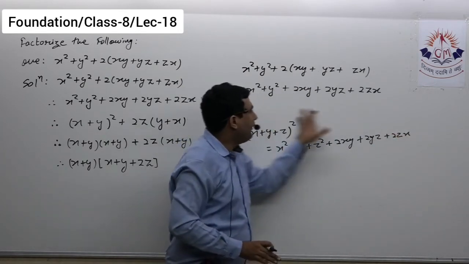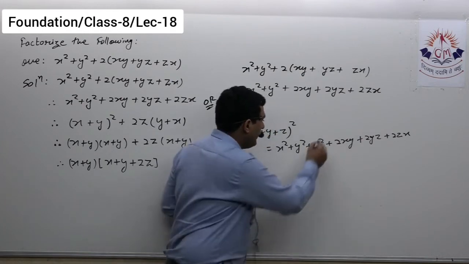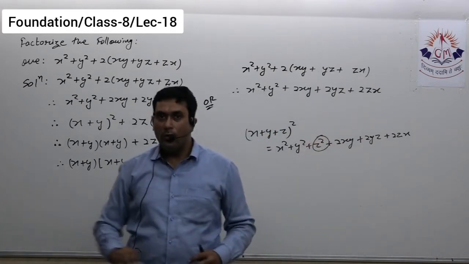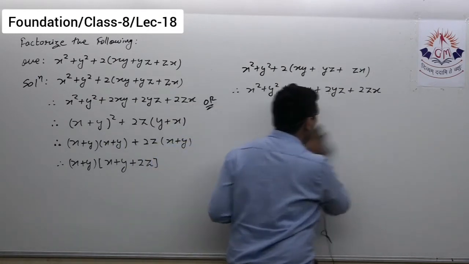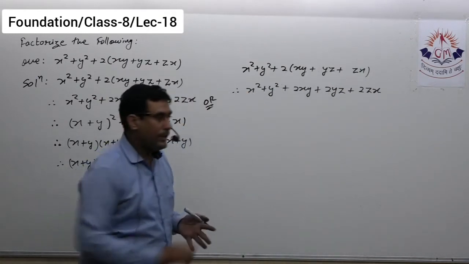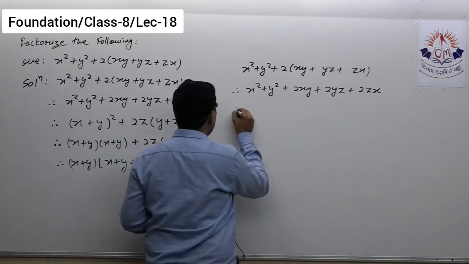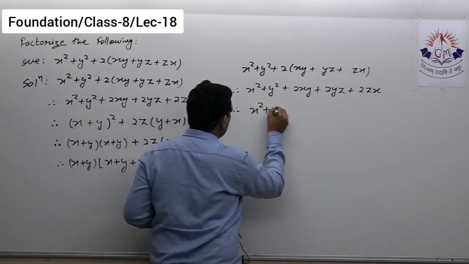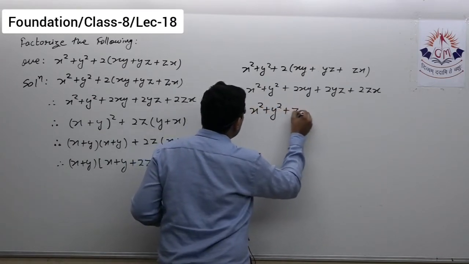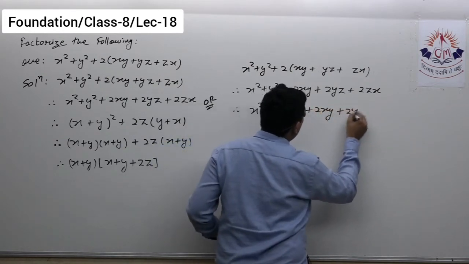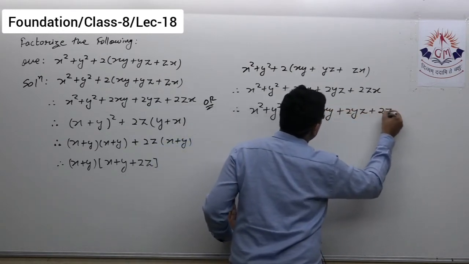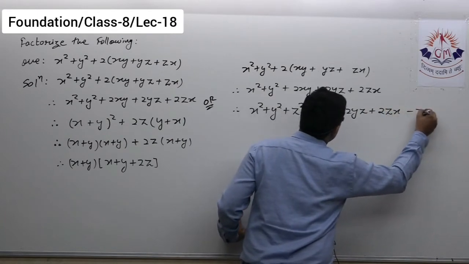So here five terms are there, z square is missing. To complete the identity, I add z square as well as I subtract z square. So here I write x square plus y square plus z square plus 2xy plus 2yz plus 2zx minus z square.